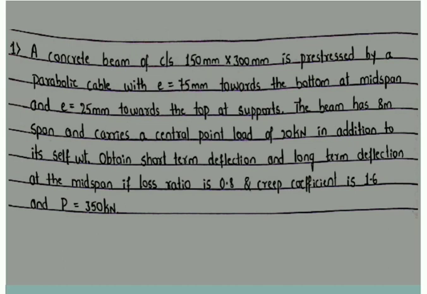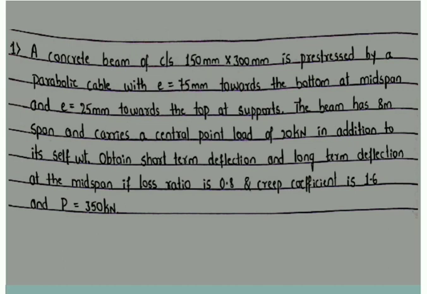Then the beam has a span of 8 meters and it has a central point load of 20 kilonewton, meaning the live load is given as 20 kilonewton, which is in addition to its self weight. Obtain the short term deflection and long term deflection at the midspan if the loss ratio is 0.8 and creep coefficient is 1.6. The given pre-stressing force is 350 kilonewton.